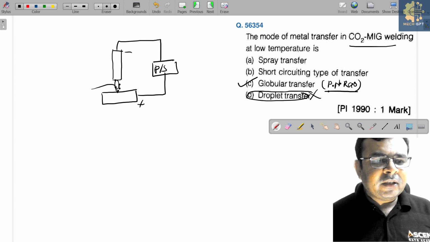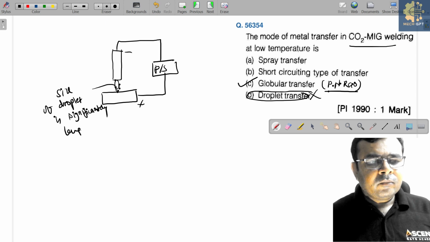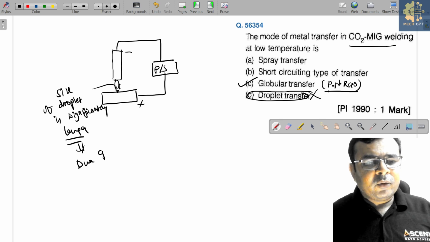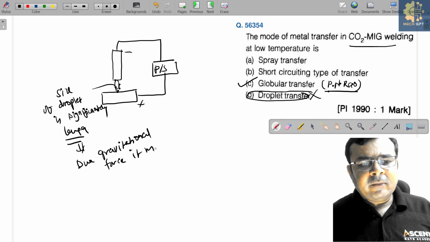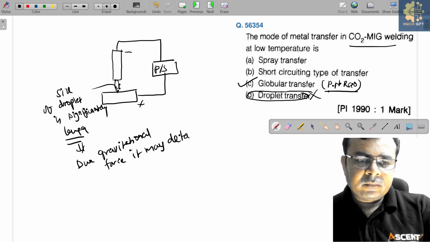And since the size of this globule, this droplet, is significantly larger, due to gravitational force it may detach from the electrode.